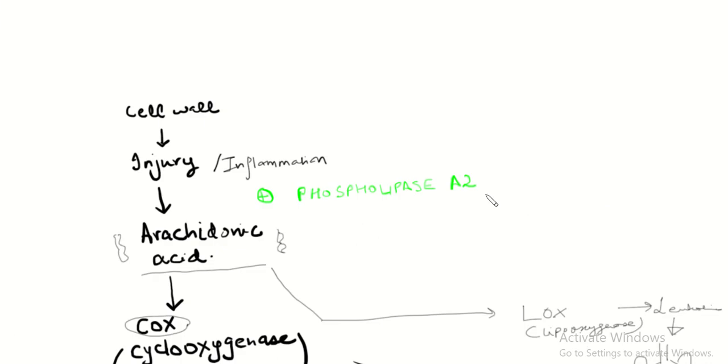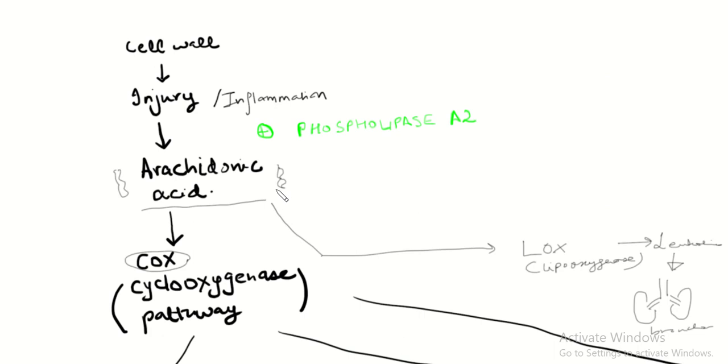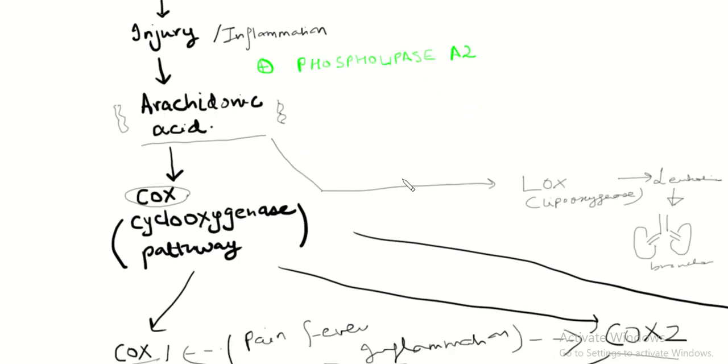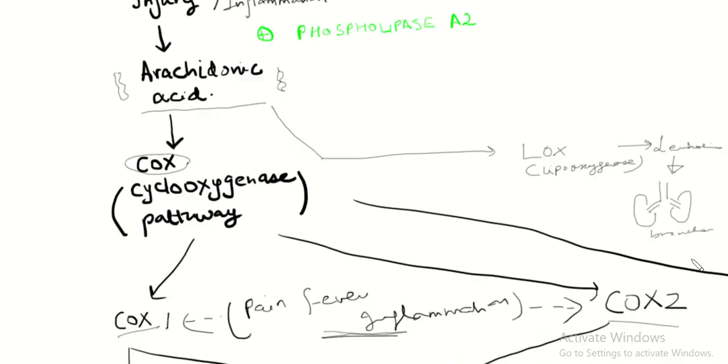Real quick, we talked about how arachidonic acid, which is pro-inflammatory, is produced through an enzyme called phospholipase A2, and then how it goes into two pathways. That arachidonic acid gets transformed with a lipoxygenase enzyme into leukotrienes, which cause bronchoconstriction.